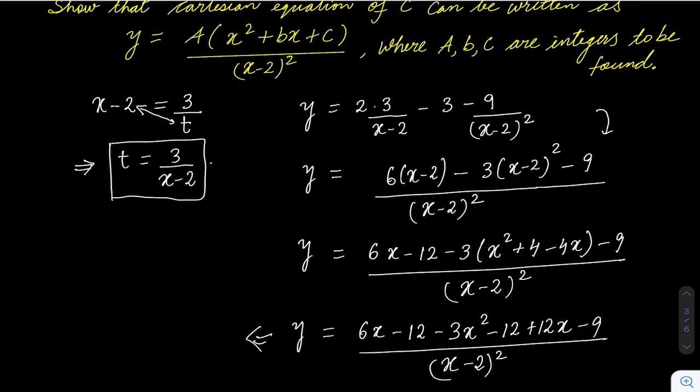Now the final value is coming out to be y equals 6x plus 12x, so that is 18x, and minus 3x square plus 18x. And what is this? 24 and 9, 33. So minus 33 over x minus 2 whole square.